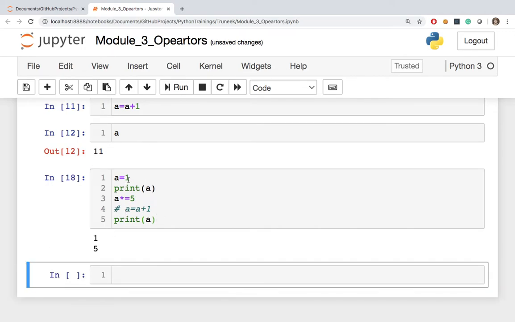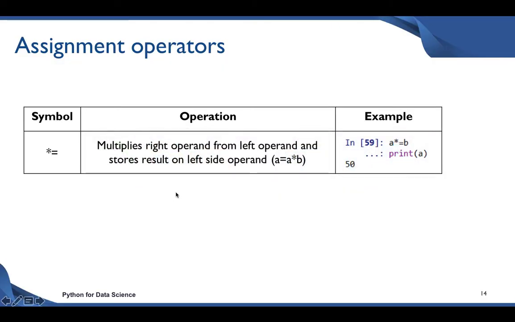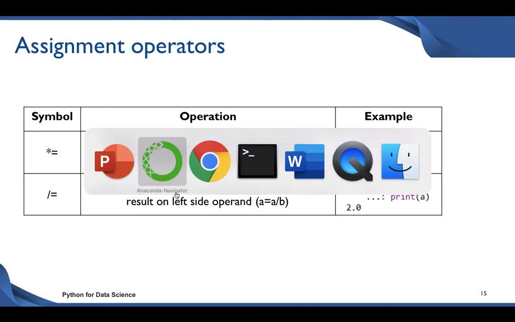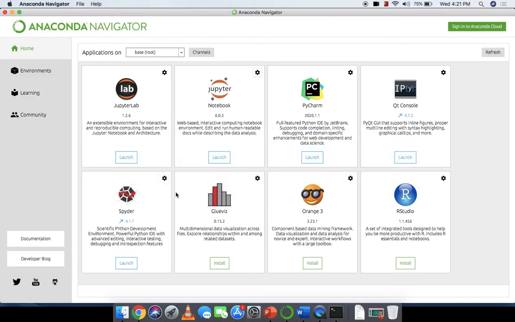First the value of a was 1, then I multiplied the value of a by 5, the resultant is 5. Similarly, I could also divide the value and store it in a itself, right? Okay, so this is how assignment operators are done.